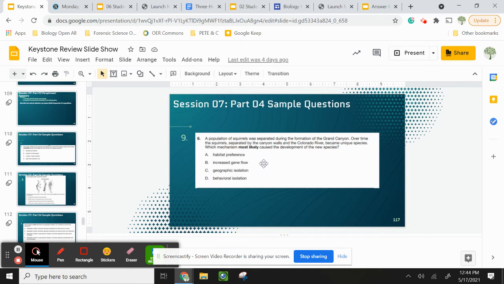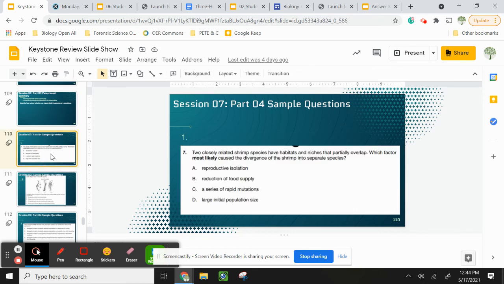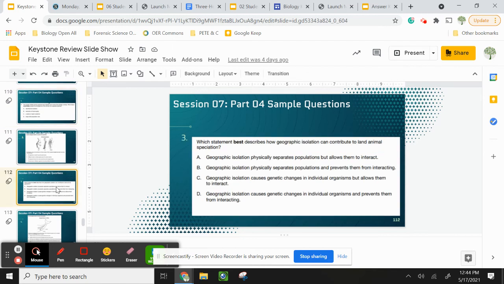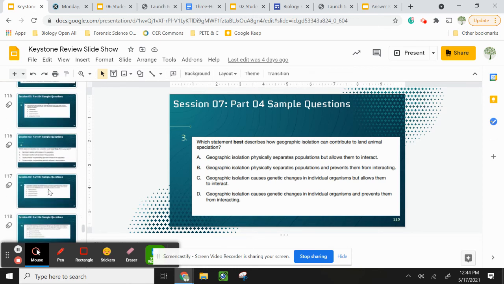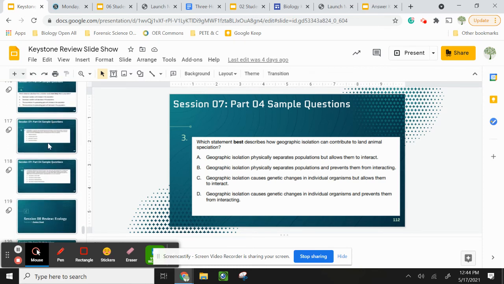So this is an example of what happens sometimes where a question that comes a little bit later in the test triggers a memory or references some stuff from before. So we are thinking about, which one was it? Geographic isolation can contribute to land animal speciation. Weren't we just talking about that in question number 3?